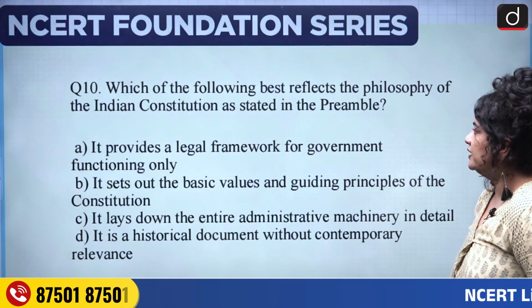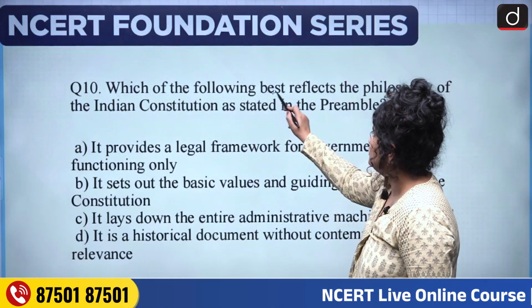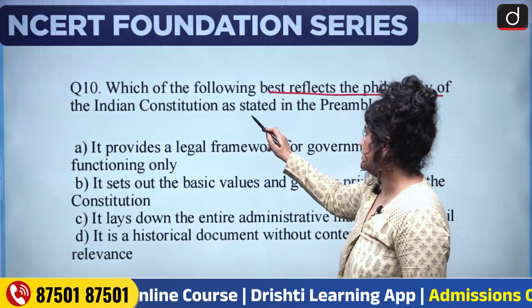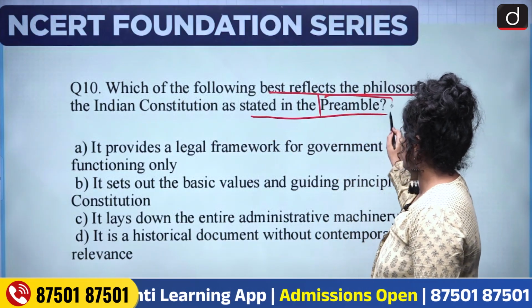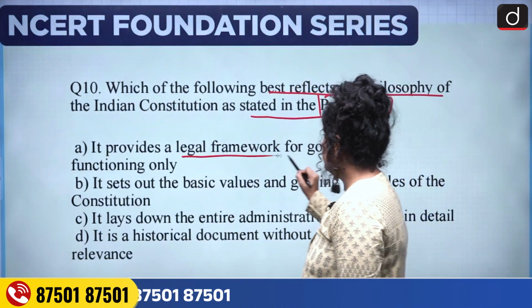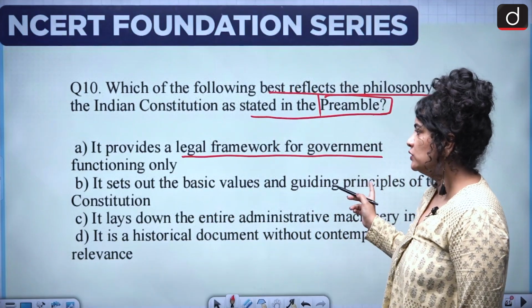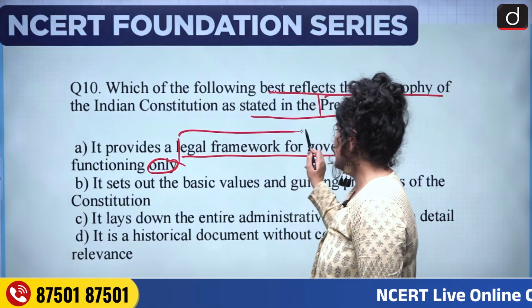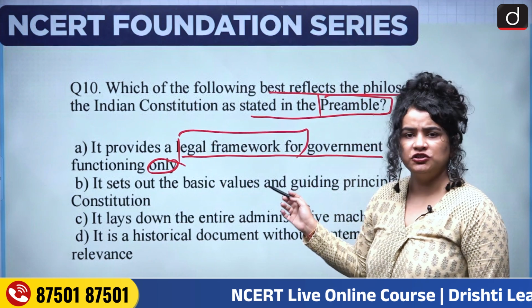Moving on to the last question. Which of the following best reflects the philosophy of the Indian Constitution as stated in the preamble? Now let's go through the options. A, it provides a legal framework for government functioning only. Notice the word only. Does it only provide a legal framework for government functioning?